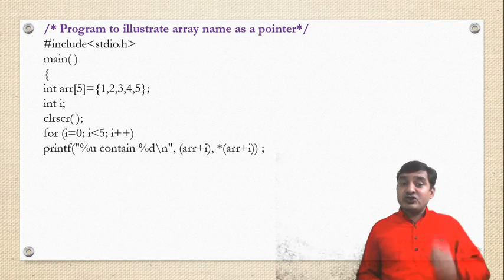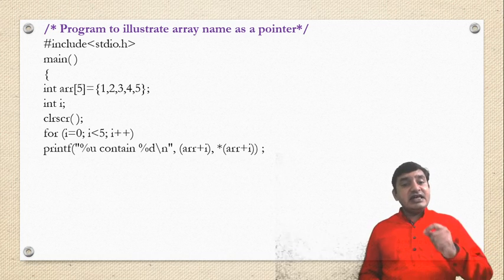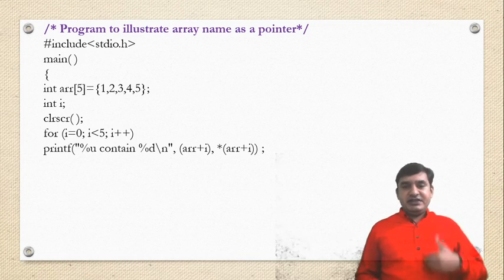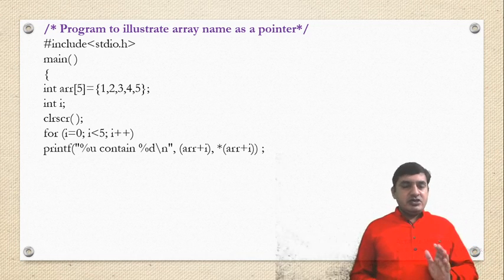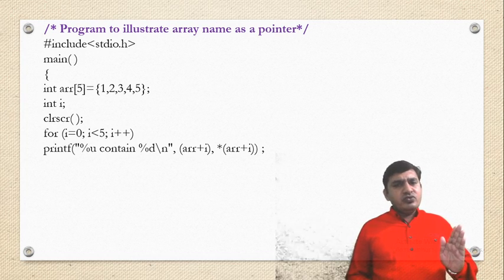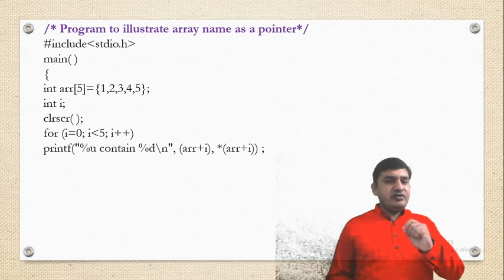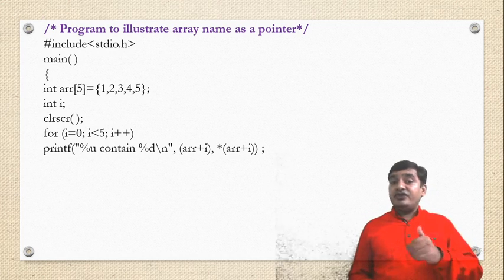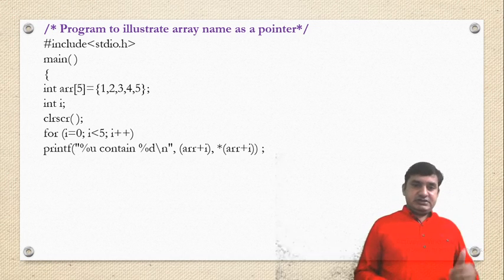The condition i is less than 5 is satisfied up to i less than 5, so we take all elements of the array, and each has a particular address.